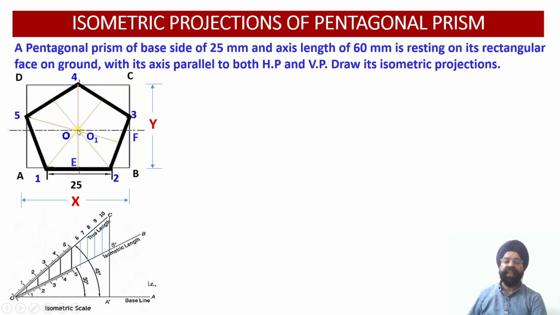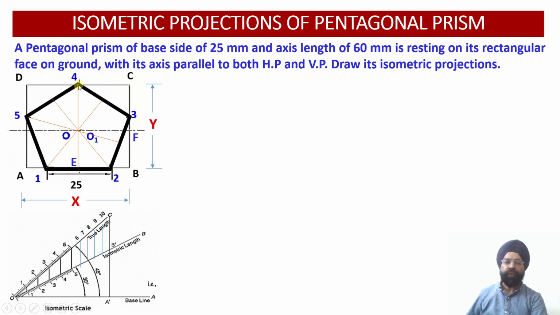Similarly, regarding the axis, we need to evaluate the axis of this pentagonal prism. For that, we have to obtain the midpoint of all of the edges of this particular pentagon, and then from every corner, minimum 3 perpendicular projections you need to draw. You can draw all 5 or even 3 are good enough.